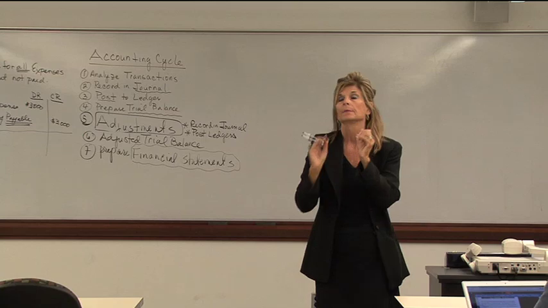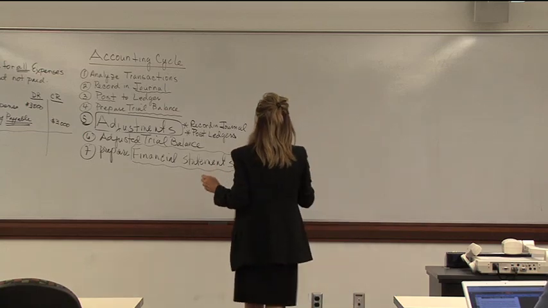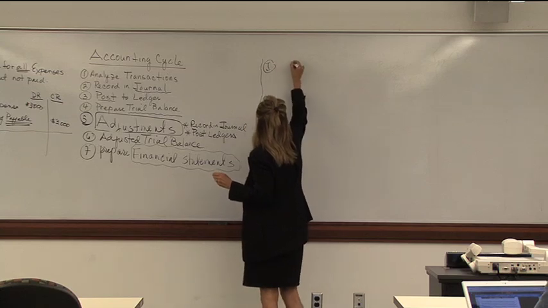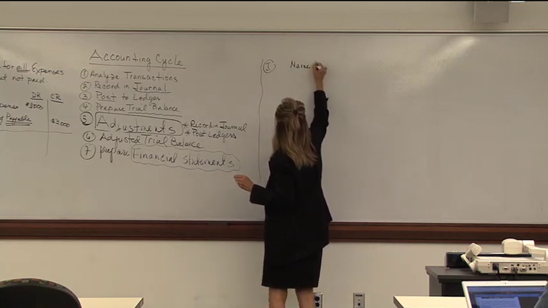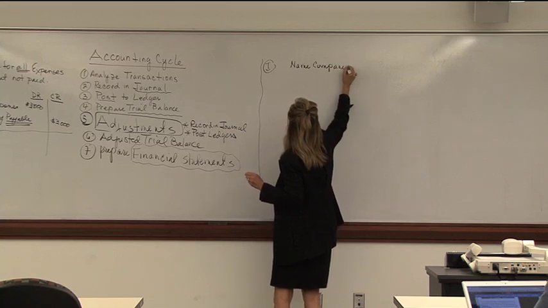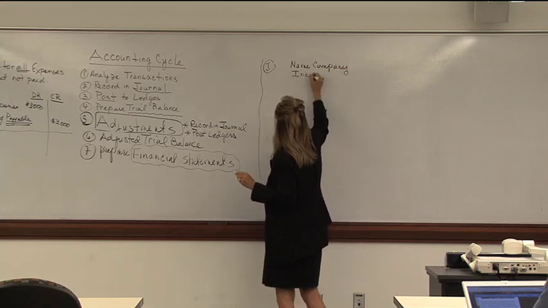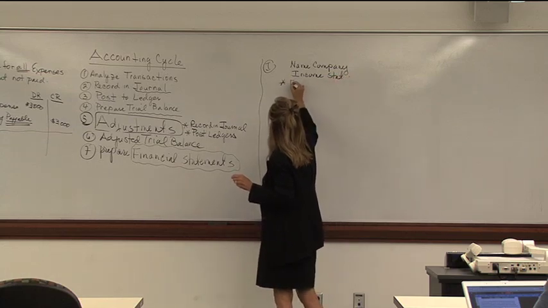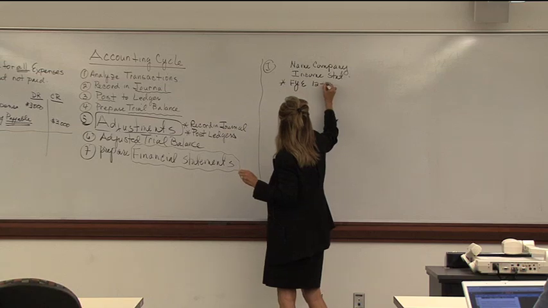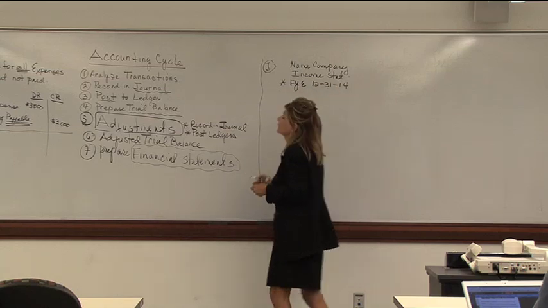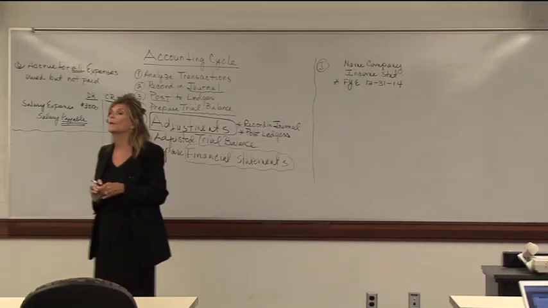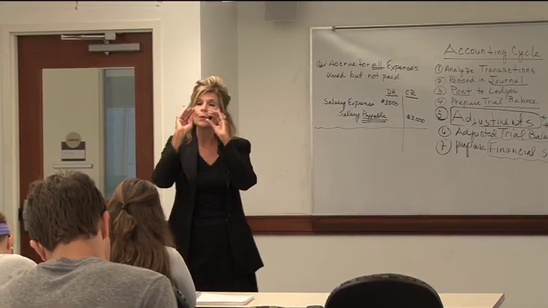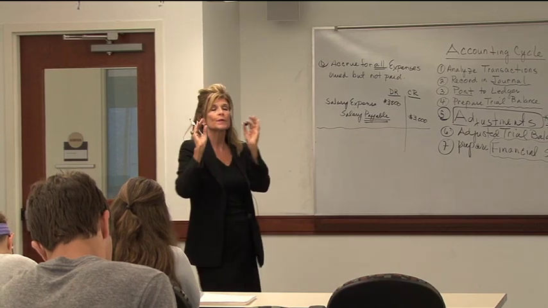Very important. So let's take a look at that first financial statement, which is the income statement. We're going to put the name of the company. You're going to put the financial statement. And then you show the time period, FYE, for year ended, December 31st, 2014. FME, for month ended, because we're showing the activity for a specific time period.